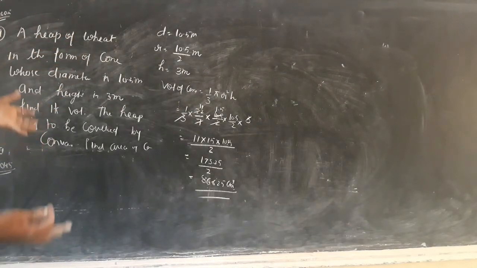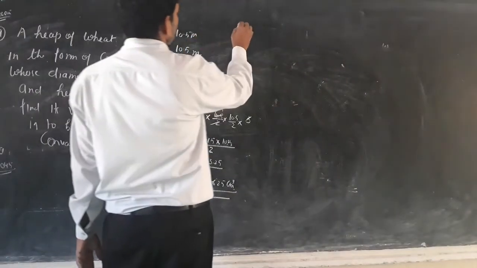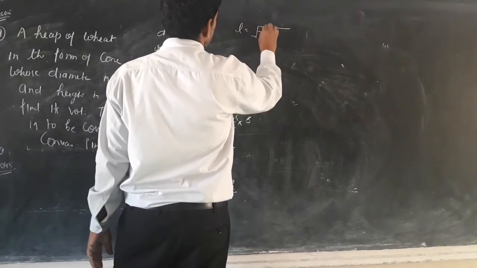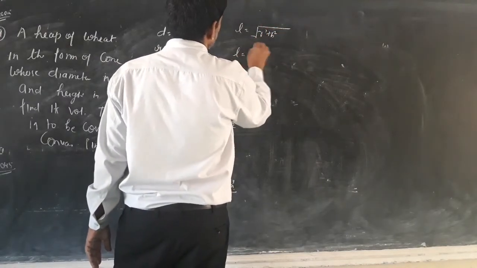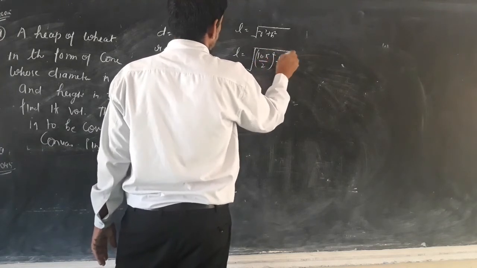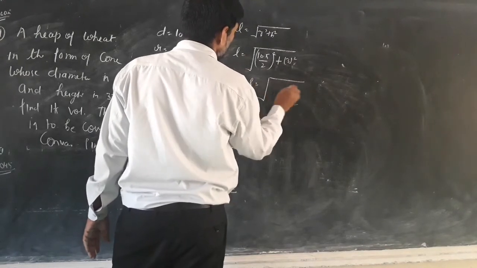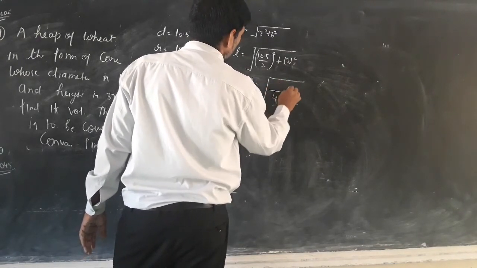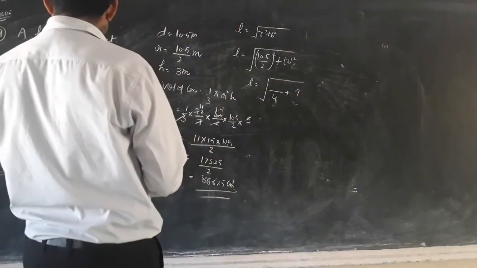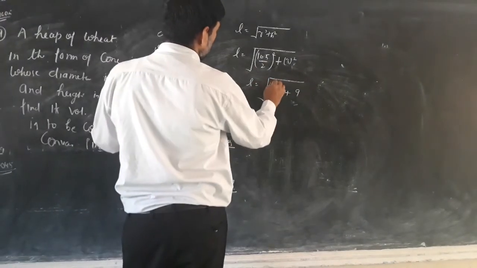Next, this is covered by canvas. Find the area of canvas. So first we find the slant height. L is equal to root of r square plus h square. L is equal to root of radius 10.5 upon 2 square plus height 3 square. That is L is equal to root of 10.5 into 10.5 upon 4 plus 9. 10.5 into 10.5 is 110.25.